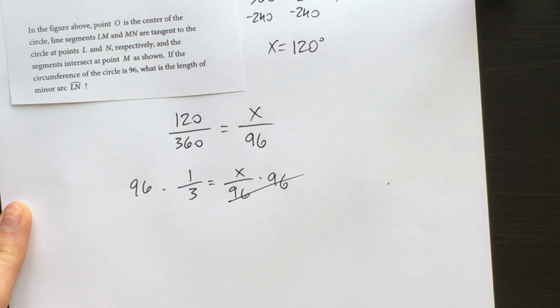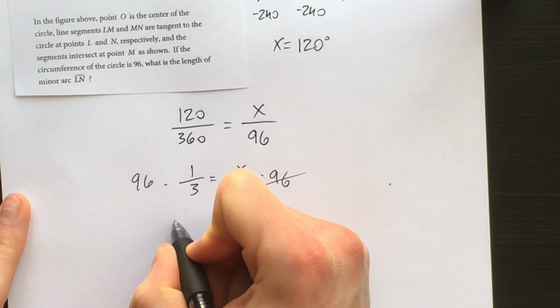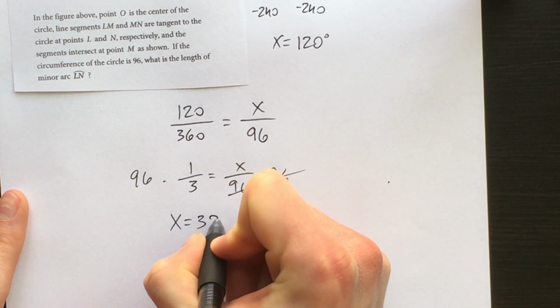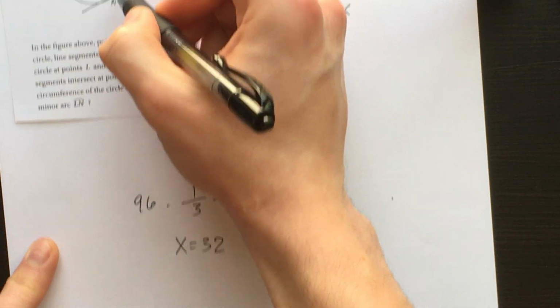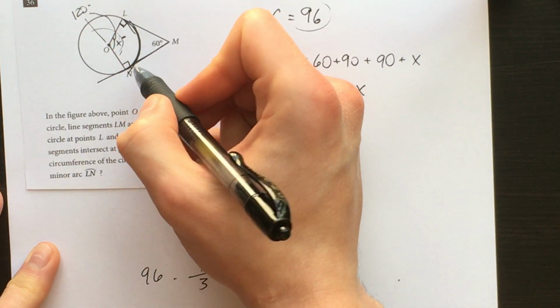So it cancels out, and 96 times 1/3 is equal to 32. So x is equal to 32, and that's going to be your answer. That's the length of this minor arc.